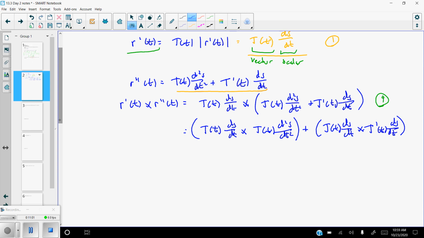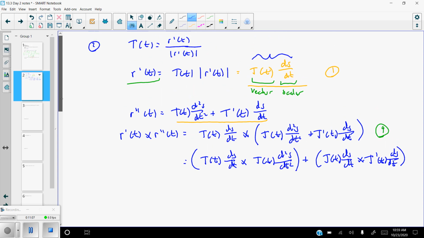Kind of harder to show this one, but let's say here's i, j, k, and I write a, b, c, d, e, f, and then multiply that by a scalar, maybe 3. Then I cross this with some other one, whatever these entries are, multiplied by some other scalar, maybe 5.